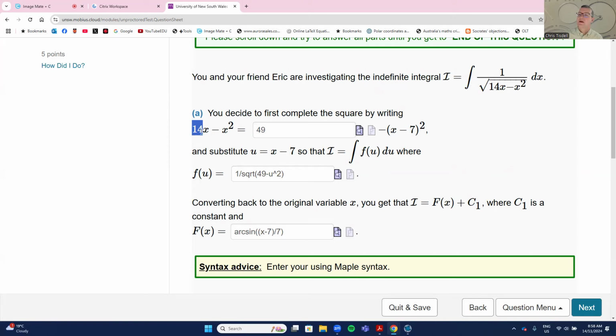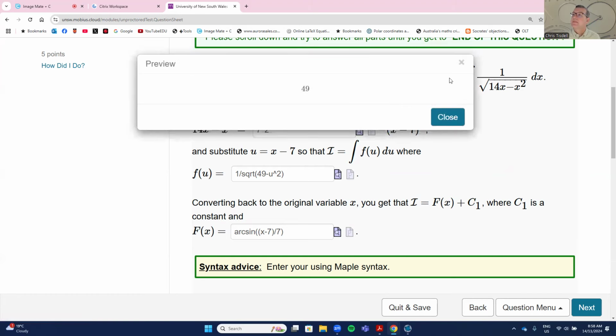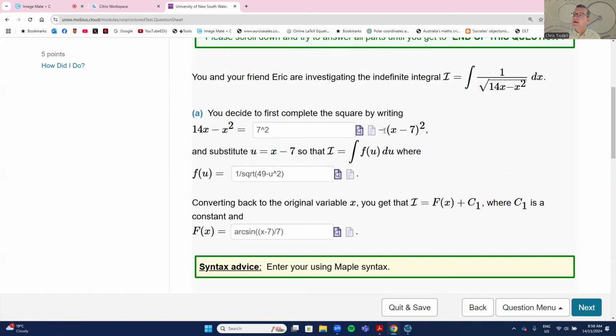So that's how you complete the square. If you expand this, you'll get this. But the important thing is this is 7 squared. So something squared minus something else squared.